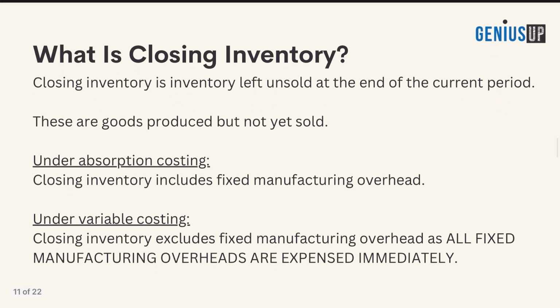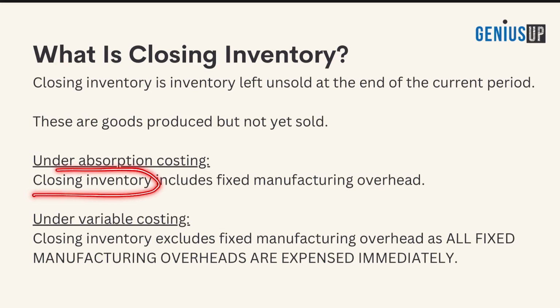Now let's move on to closing inventory. Closing inventory is inventory that is left unsold at the end of the current period. These are goods that were produced but not yet sold at the end of the current period. Under absorption costing, closing inventory includes fixed manufacturing overheads. Remember, under absorption costing, we calculated a predetermined overhead rate, or an absorption rate, and then we included fixed manufacturing overheads in the product cost.